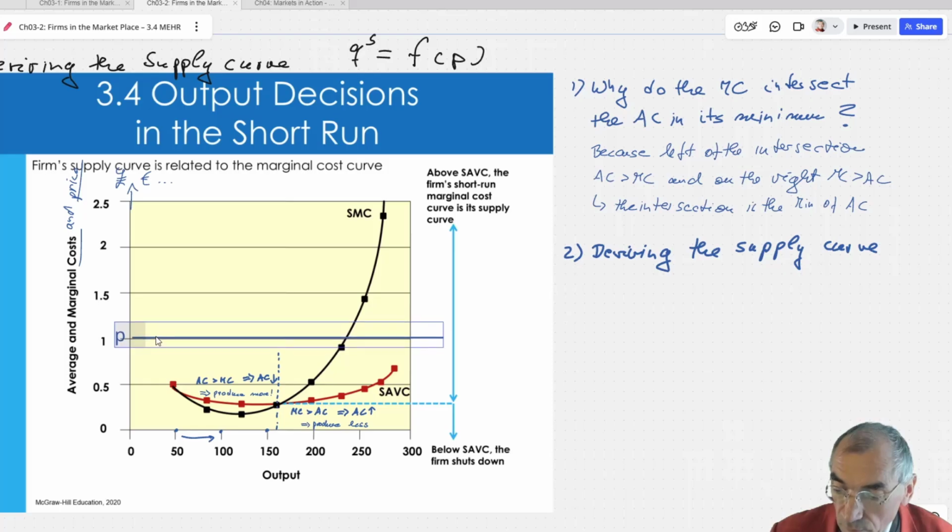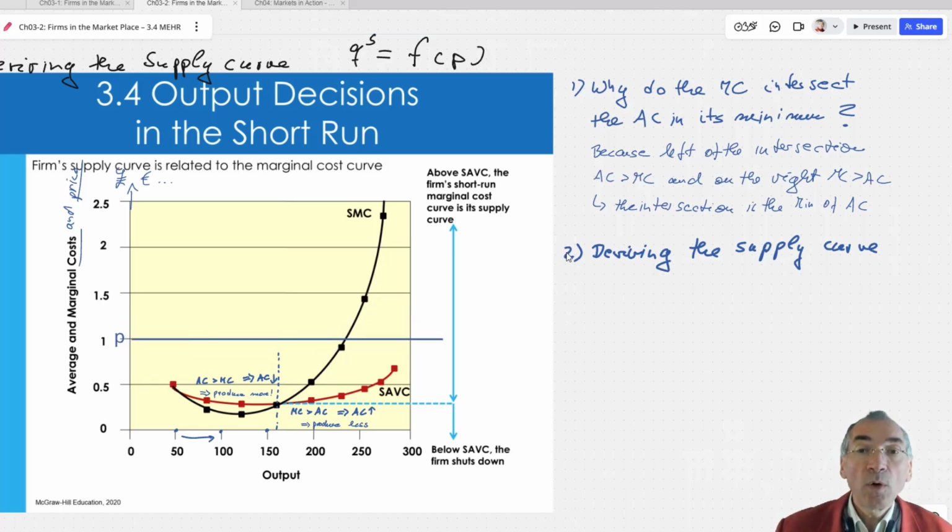Let's go here to the 1, recalling the mathematical or algebraic derivation that we just did. We said what the firm needs to take into account in order to think about whether to produce or not is the marginal cost. It compares the marginal revenue, and in fact the price is the marginal revenue.